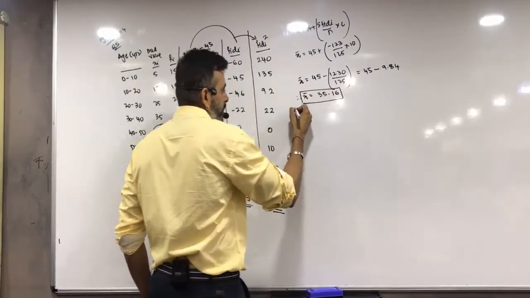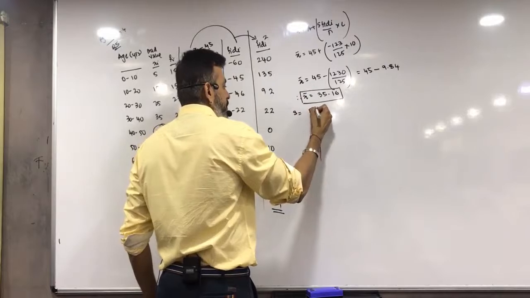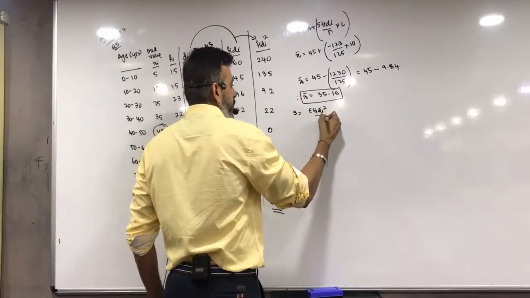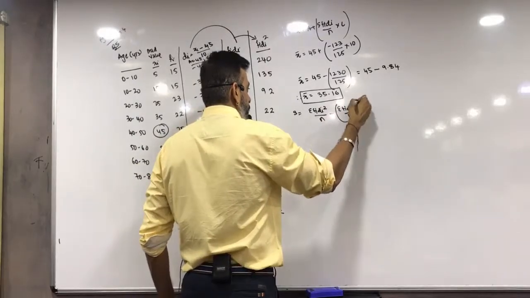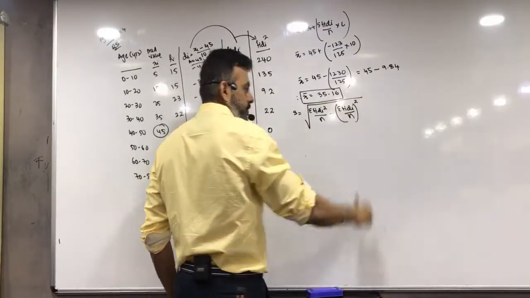Now we find standard deviation. Sigma Fi di square upon n minus sigma Fi di upon n the whole square, the whole under root, got it?